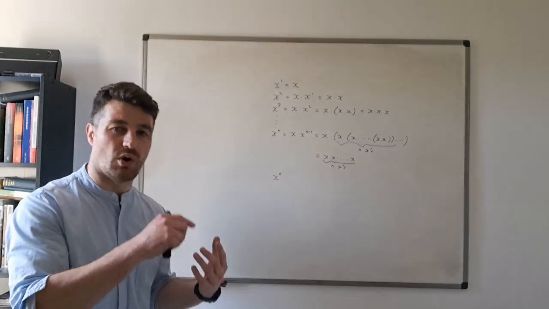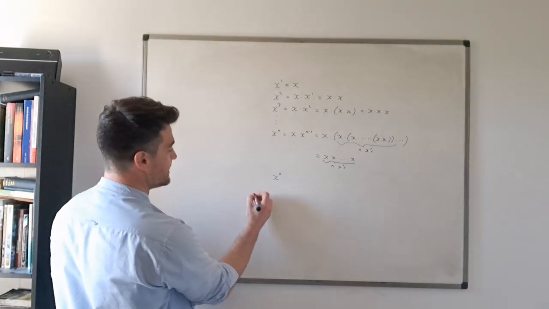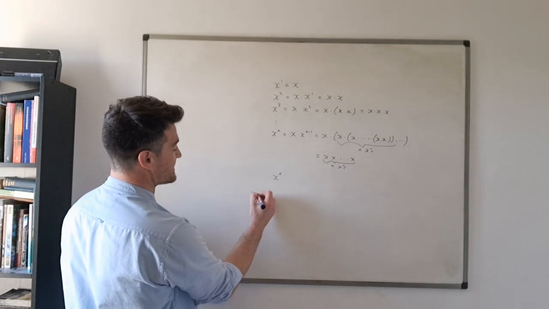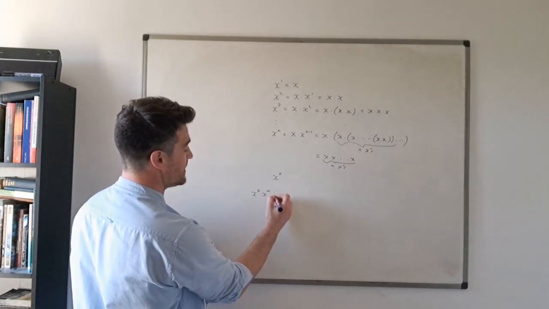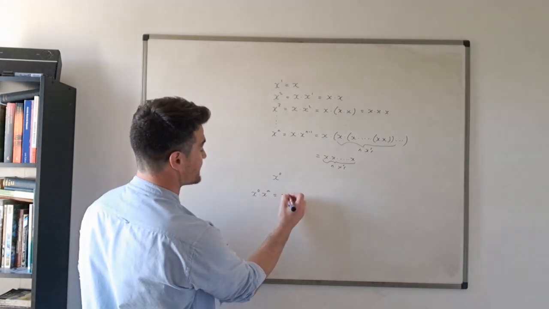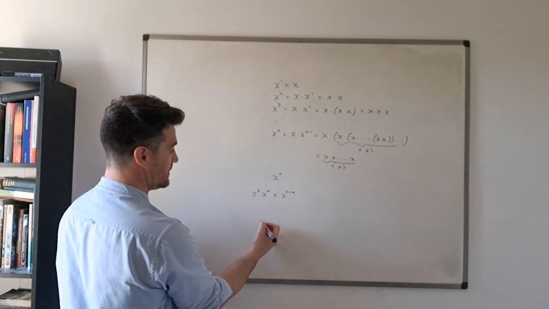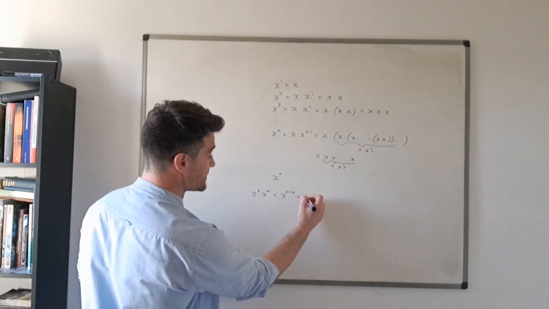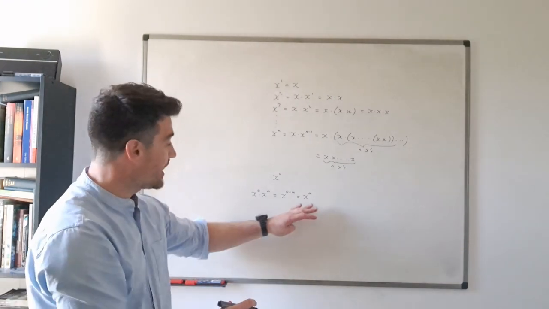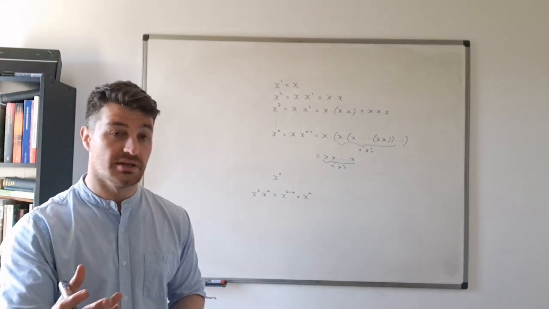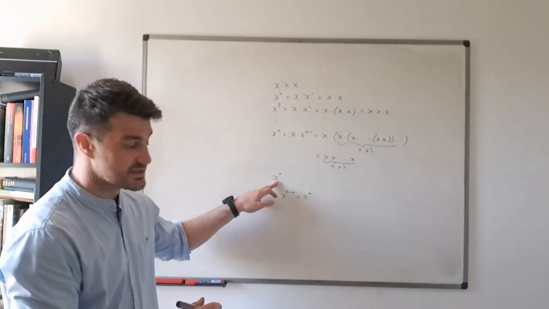Well, again, I want things to work in a particular way. So in particular, I want, for example, x to the power of 0 times x to the power of m to be equal to x to the power of 0 plus m, which of course would be equal to x to the power of m. This is what I want. This is what I'm going to use to motivate my definition of this.